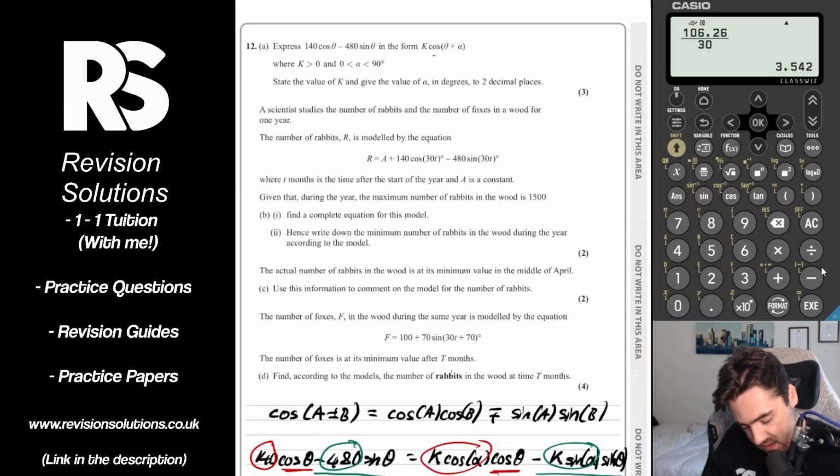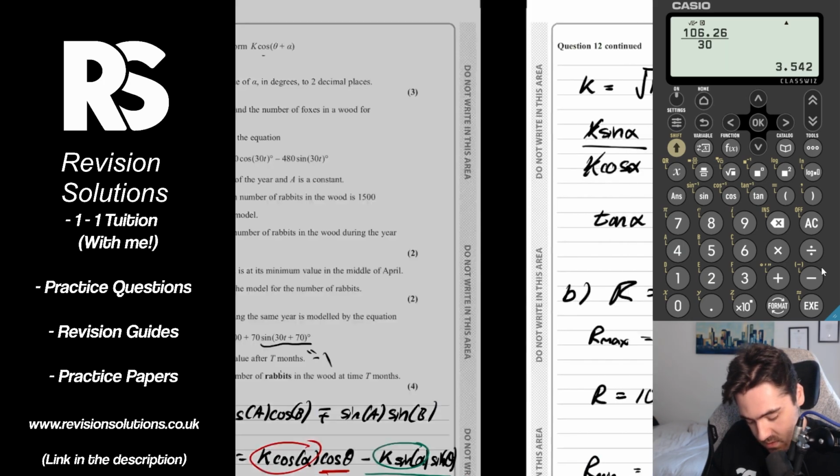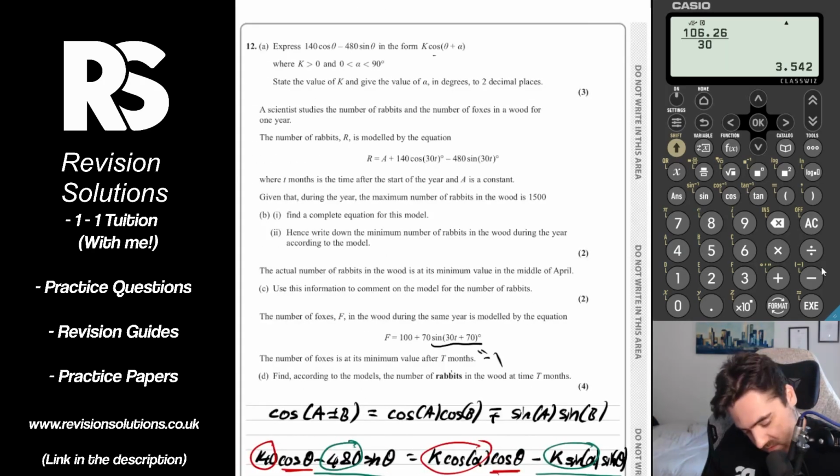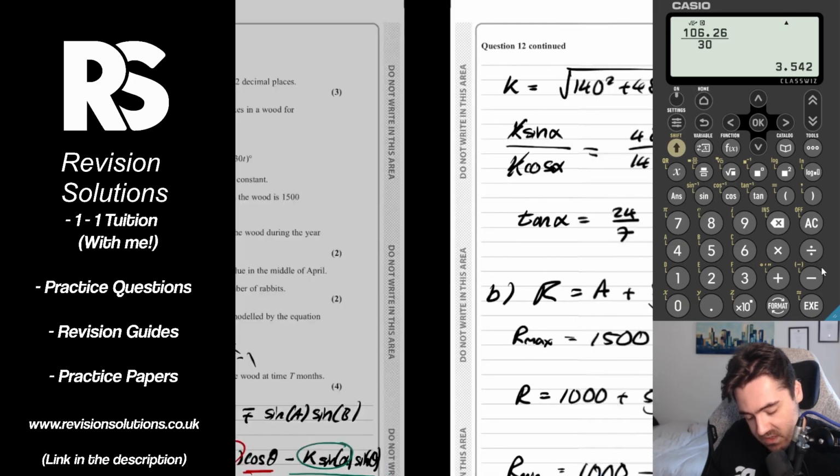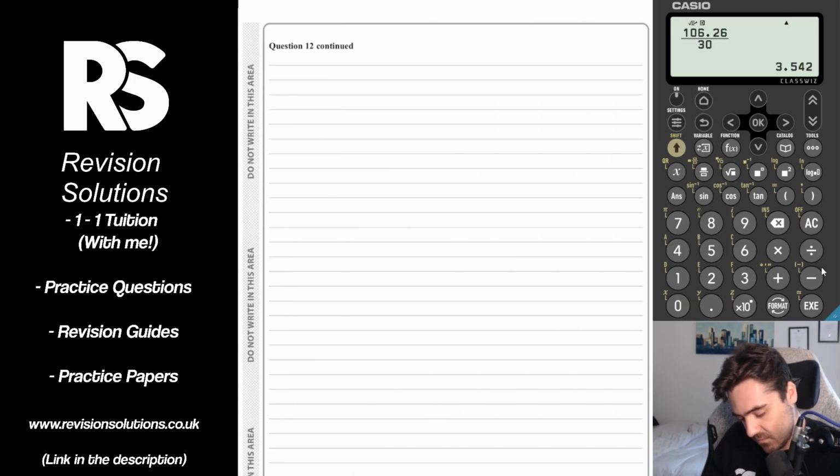If we apply the same logic, it's when this bit here would be -1, because we'd have 100 plus 70 times -1, which would give us the 30, which is as small as it could ever go. So that's sine(30t + 70) = -1 that we need to solve.